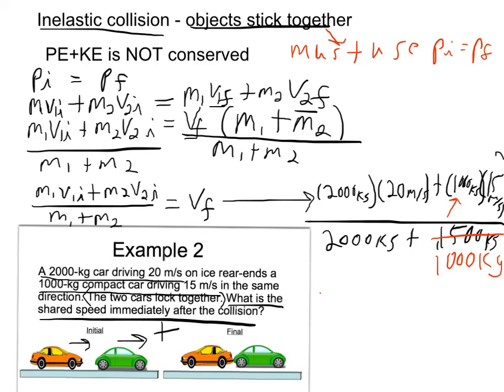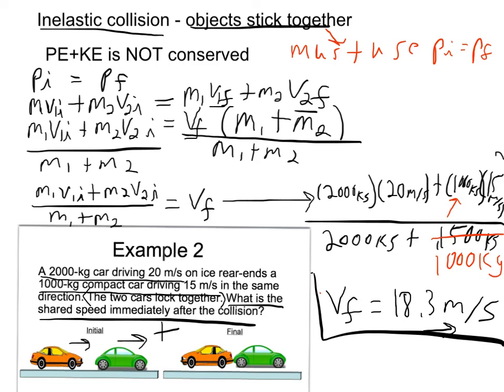And I get v_f equal to 18.3 meters per second. That's positive, so my car is moving to the right. And that's how you solve inelastic collisions. We'll talk more about elastic and inelastic as it goes along. That was more a preview just thrown in since it seemed appropriate with this particular example.